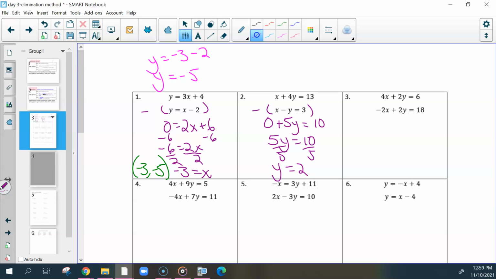We can take this y value and put it back into one of the equations to find x. I'm going to use this one, the second one, just because it's a little simpler.